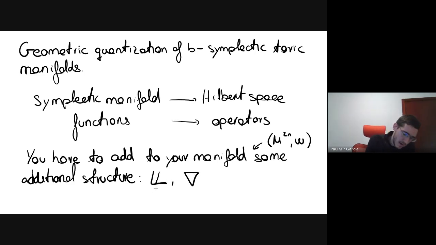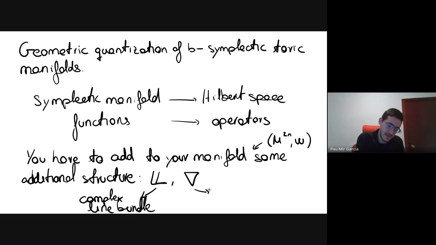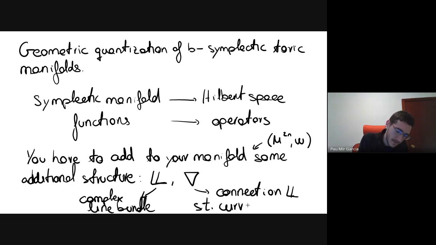So you add a complex line bundle and a connection, and this connection is defined on the line bundle. This is a connection on L, which has to satisfy a condition, which basically is that its curvature has to be precisely omega. So the curvature of this connection has to be omega.